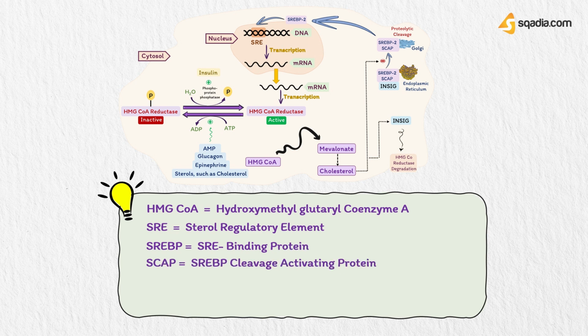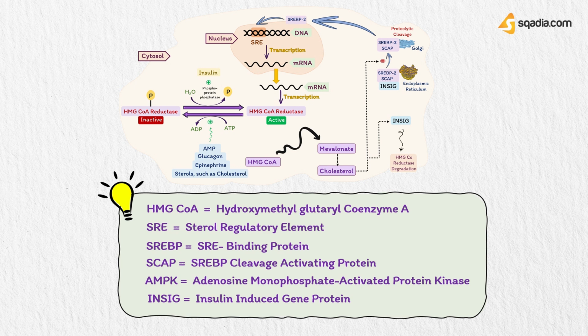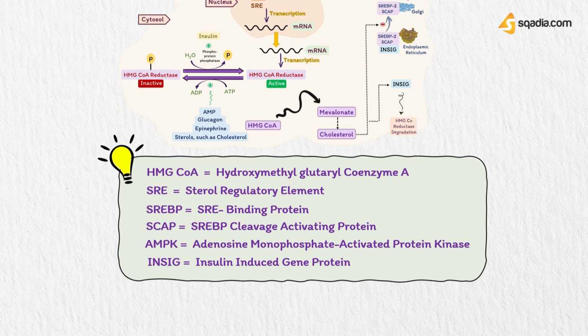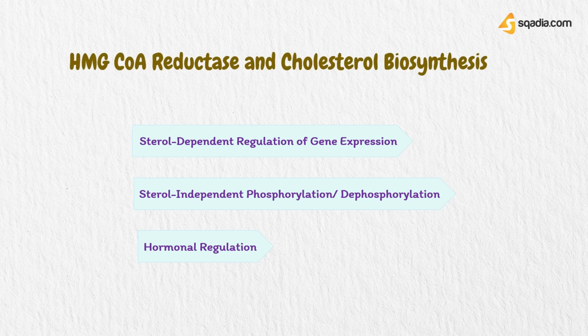SCAP stands for SREBP cleavage activating protein. AMPK stands for adenosine monophosphate activated protein kinase. INSIG stands for insulin-induced gene protein. After knowing all these terms, let's see how HMG-CoA reductase plays its role.